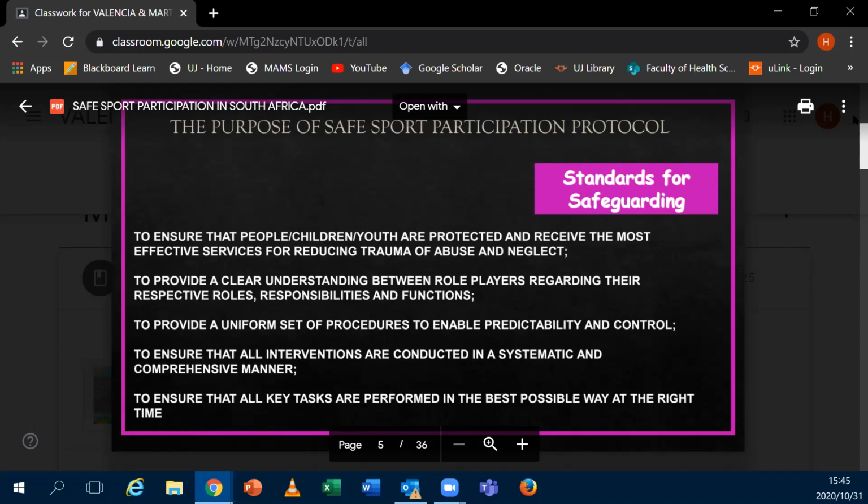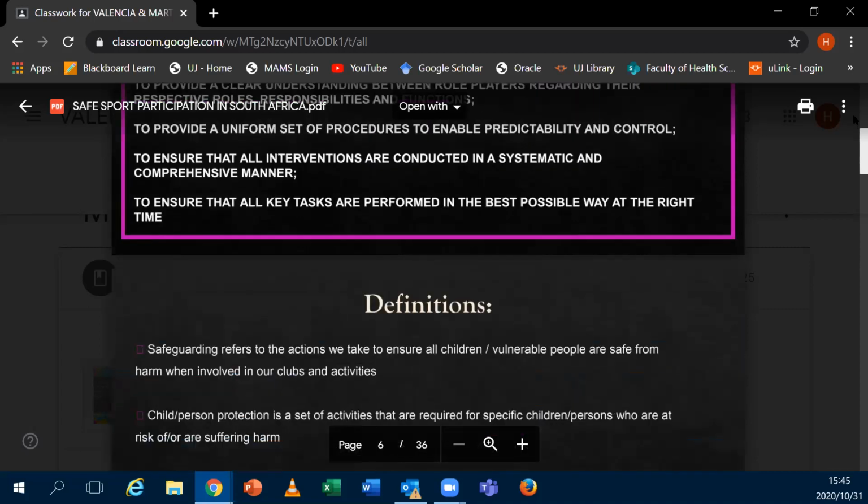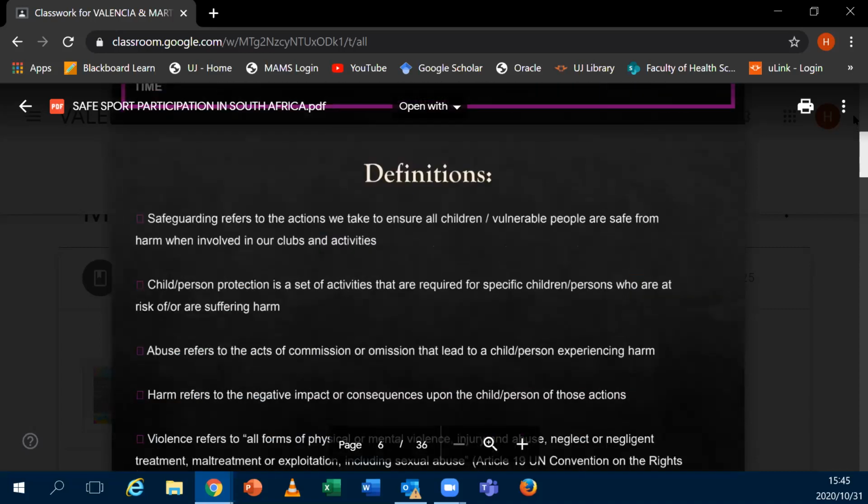And that is what will come out in our protocols as we move forward. So when we talk about safeguarding, it's basically to ensure that all our athletes are provided training and competition opportunities in a safe environment.